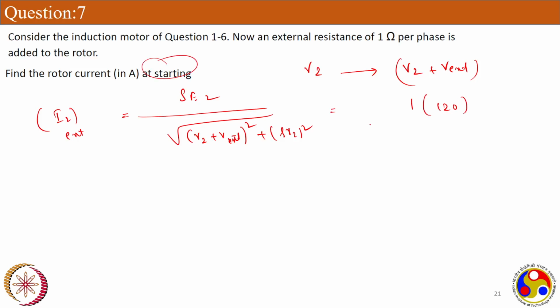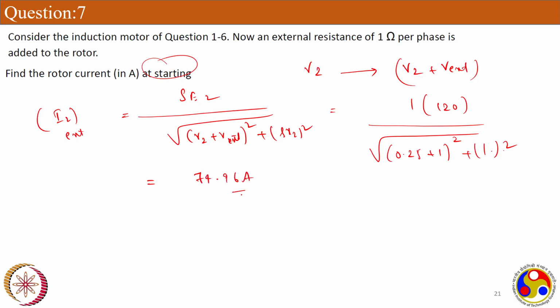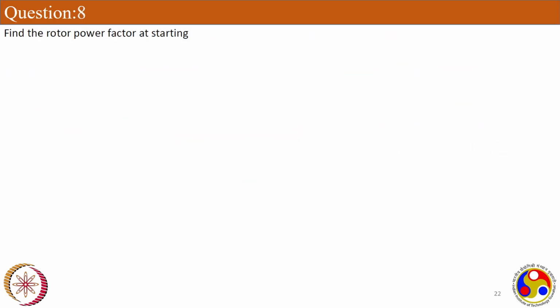It is given 120 volts, and standstill resistance is 0.25 plus 1 that I have added, and standstill reactance is 1 only. If you divide it, you will get a rotor current of 74.96 amperes at the starting when you have added an external resistance. Now I think the next question is the power factor.